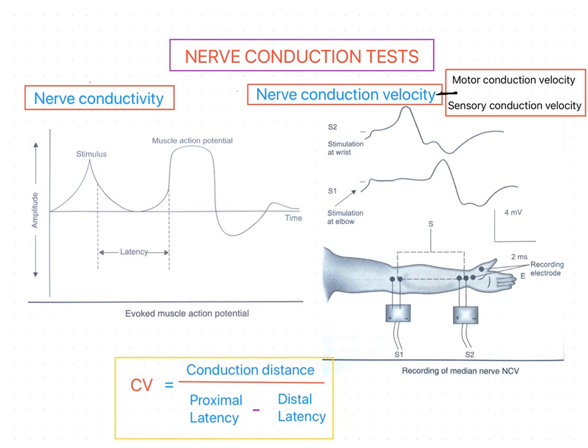Conductivity is a measure of a nerve's ability to conduct an electric current. As we stimulate a nerve trunk, it causes contraction of the muscles which are supplied by the nerve distal to the point of stimulation.